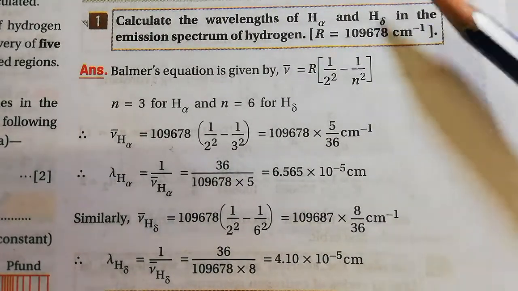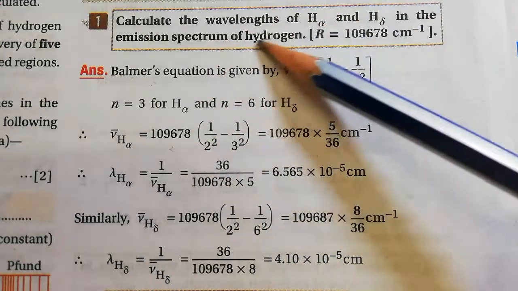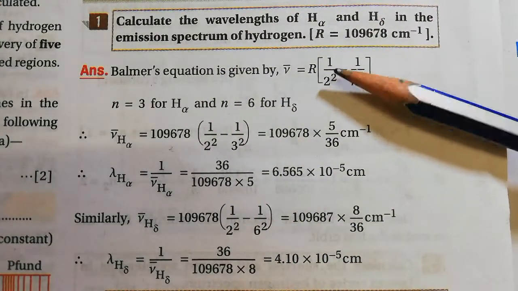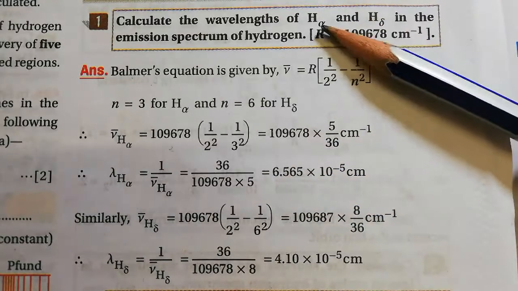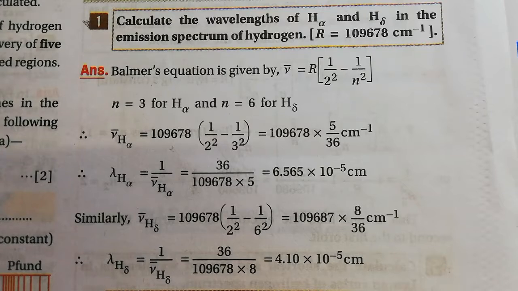Calculate the wavelength of H alpha and H delta in the emission spectrum. Now, what are H alpha and H delta? Let's look here.